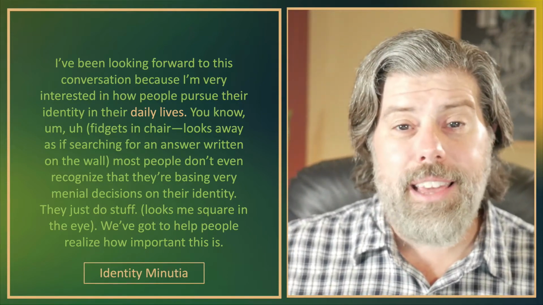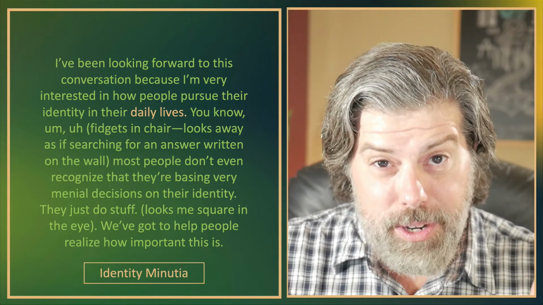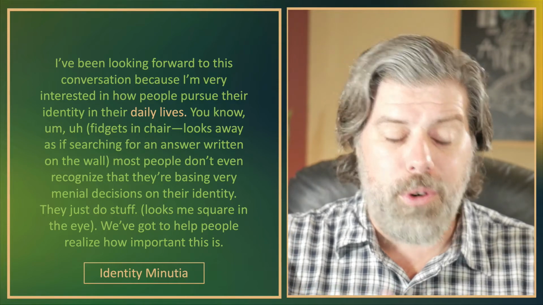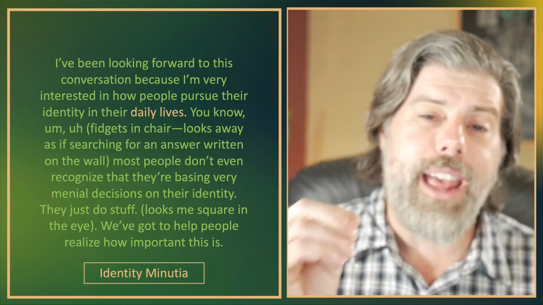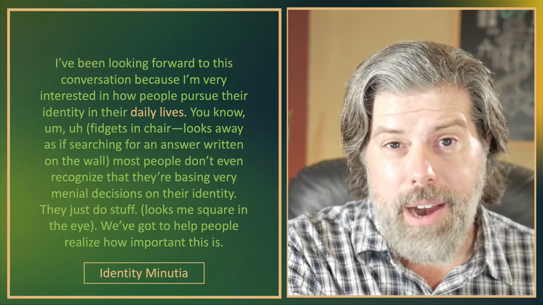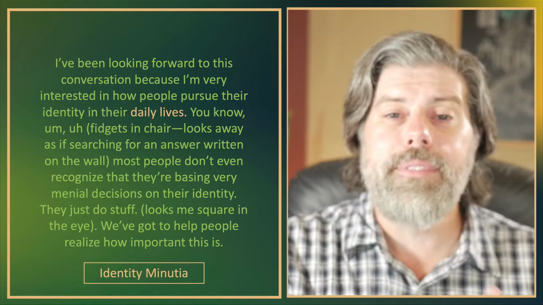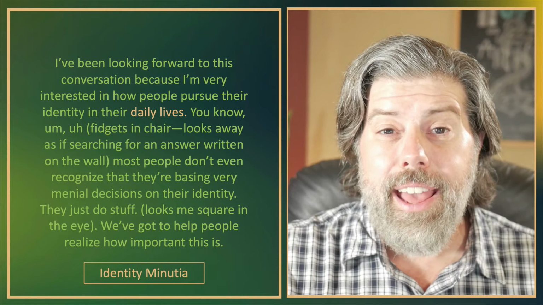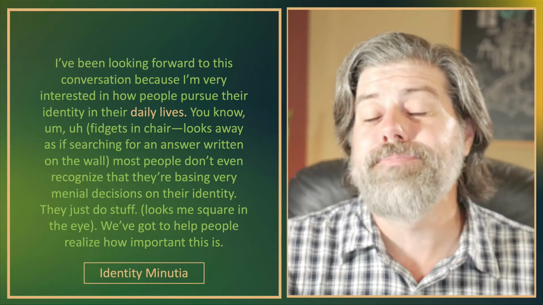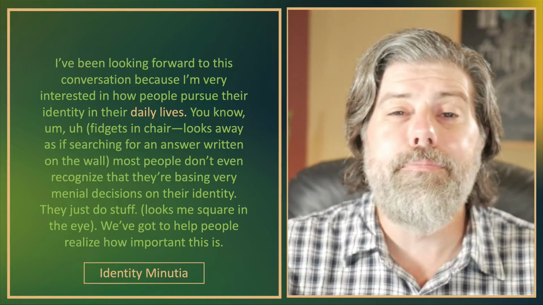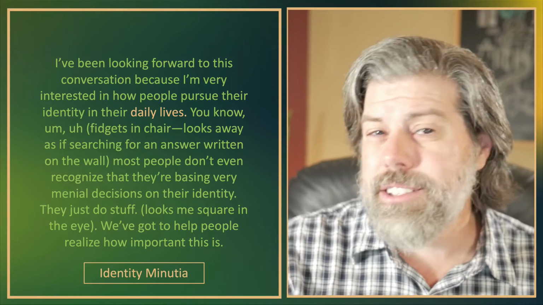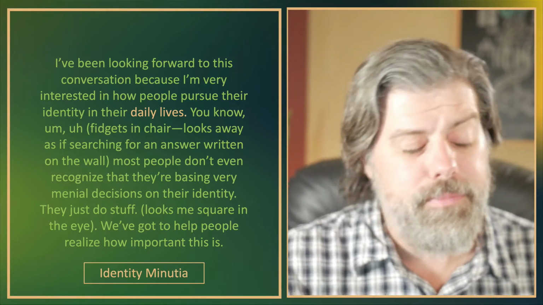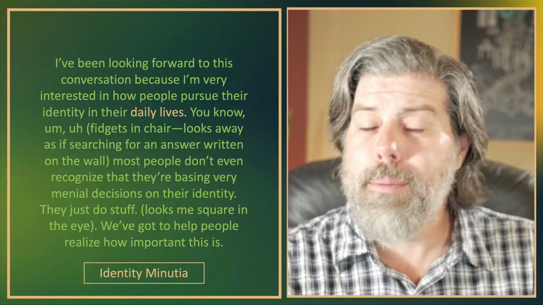Now, at the end of everything, I may only have one place where I've identified that identity minutia is a label or a code. And if I only have one place, then I probably have misidentified, and it's not really a code, and I'll bump it out at that point. But for right now, I'm going to leave it in.